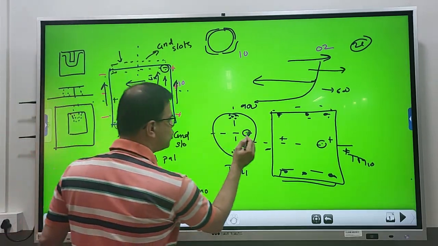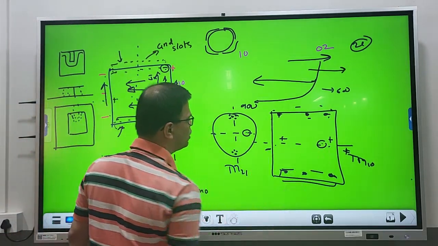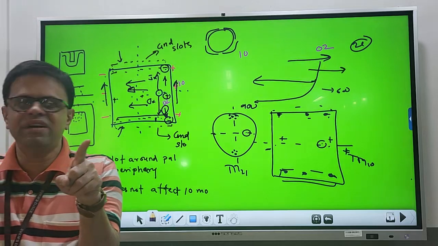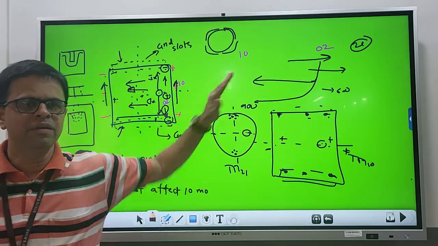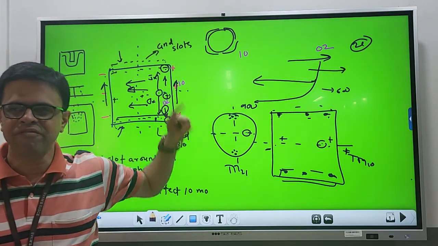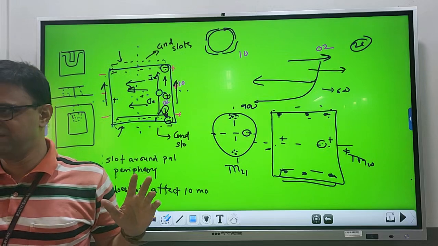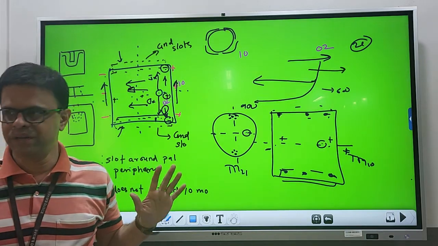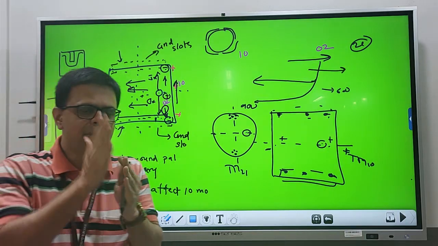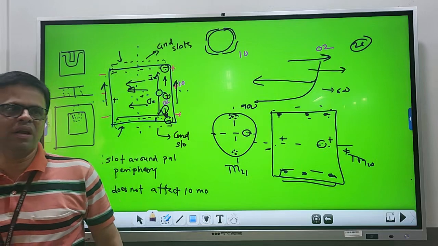Remember, the shorting posts are not put over here, neither over here, because they affect the fundamental mode frequency. I do not want that. The positioning of the shorting post affects only the higher order mode frequency. That's what we are doing. So this is the basis of cross-polar level reduction.